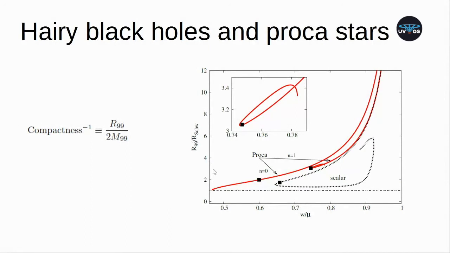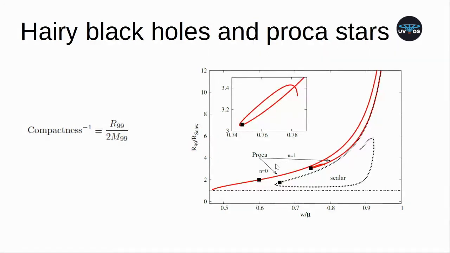So in order to analyze that, we can also plot this ratio between these radii. R99 corresponds to a radius which contains 99% of the mass of the star. In the case of a boson star, we don't have a surface, but we have a discontinuity of the energy density. So the star can extend to infinity, and we have to consider this kind of radius.